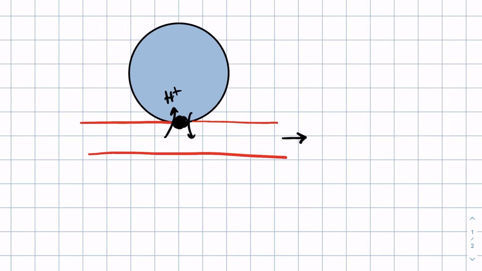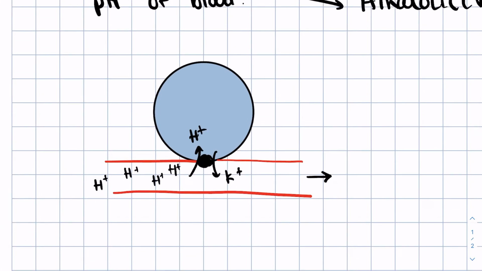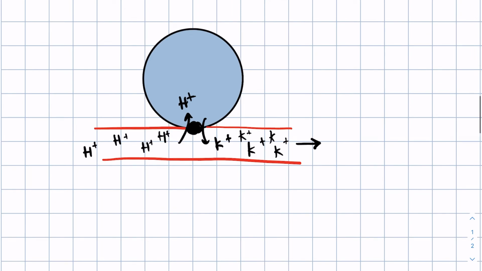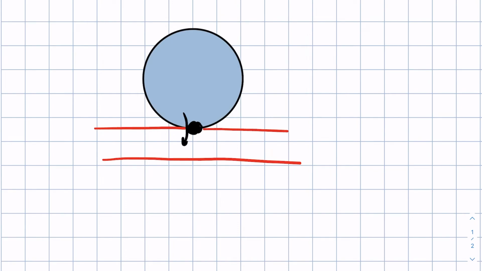So if we have high amounts of hydrogen ions in our blood because we're acidotic, there's going to be more of a driving force in this channel to push potassium into the blood. Okay? Likewise, if there's low hydrogen ions in the blood, this system will reverse, whereby hydrogen ions will move out of the cell, which therefore means potassium ions must move in.